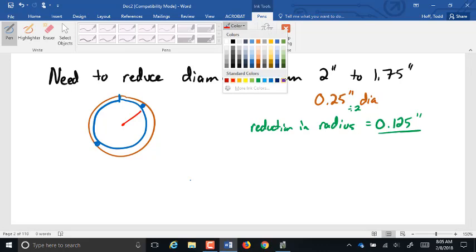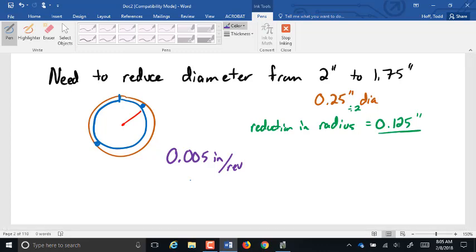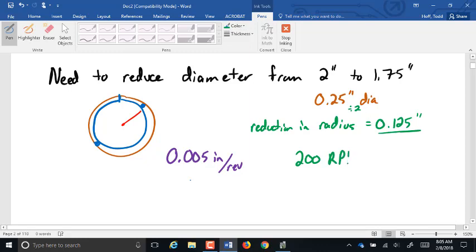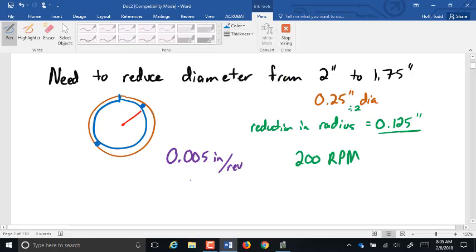So let's say we have a tool that is capable of removing 0.005 of an inch per pass. That's still 0.005 of an inch per revolution of this material. And let's say we're turning at 200 RPM. So the time it takes to make that reduction, well, first we have to find that speed.